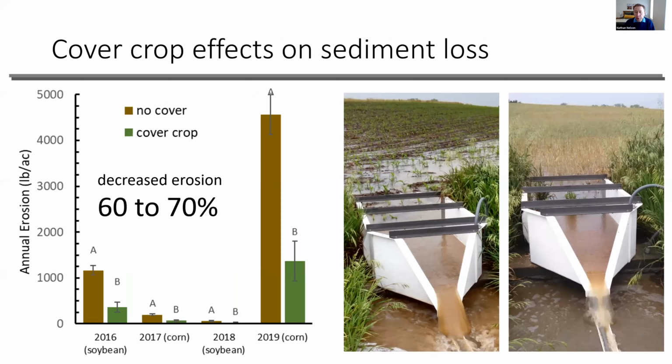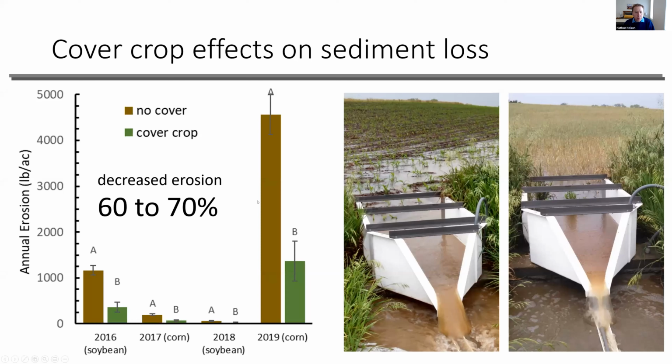And so first off, with erosion, obviously, if you have less intense runoff, right, it's coming off slower, we have a lot less erosion. So here we see annual erosion losses caused by those cover crops, or a decrease in annual erosion, I should say, 60 to 70% decrease every year. Even in those years where we had very, very low erosion, it was still less with the cover crop.